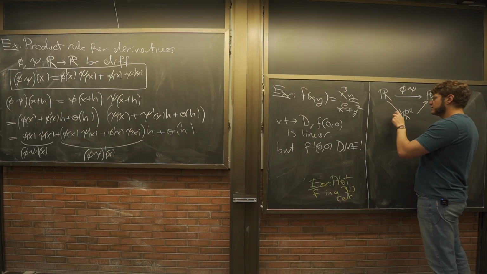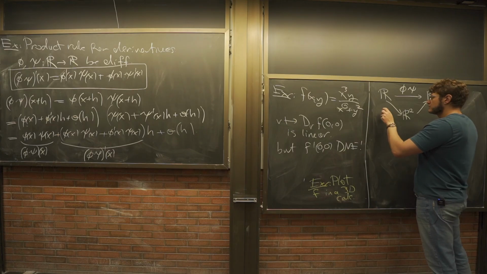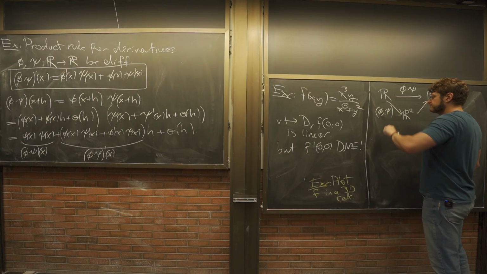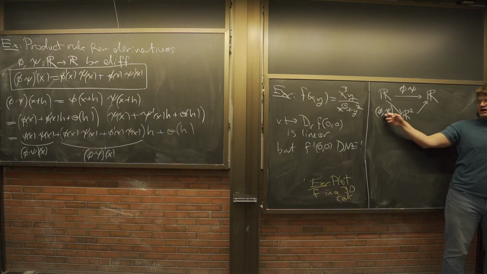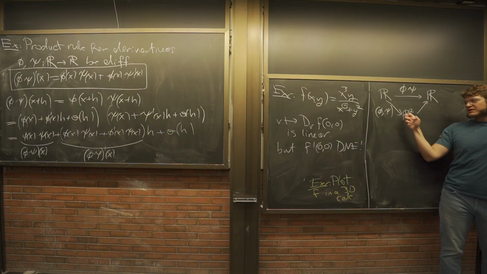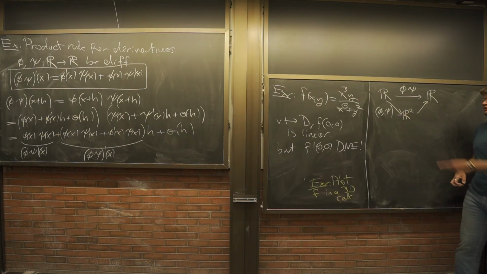So let's denote it like this. This function, phi comma psi, is a function that takes x to phi of x comma psi of x. And this function, let's call it mu, multiplication.